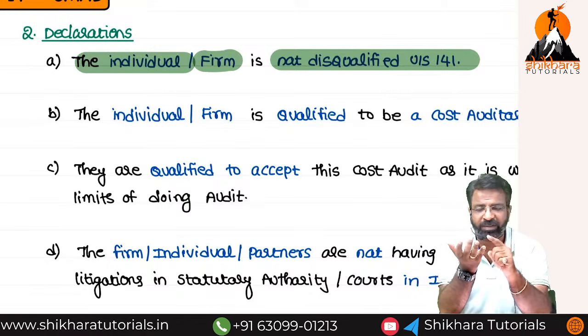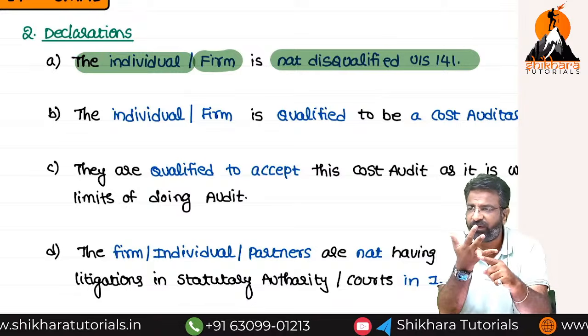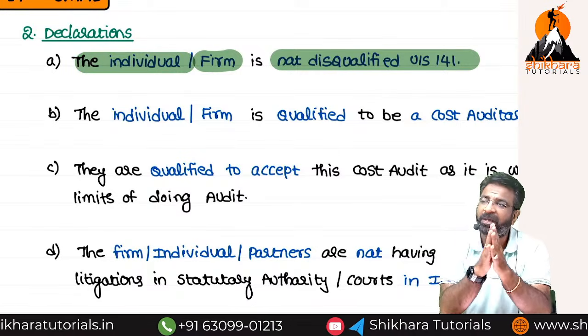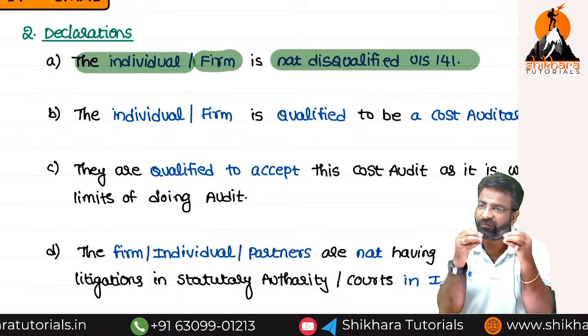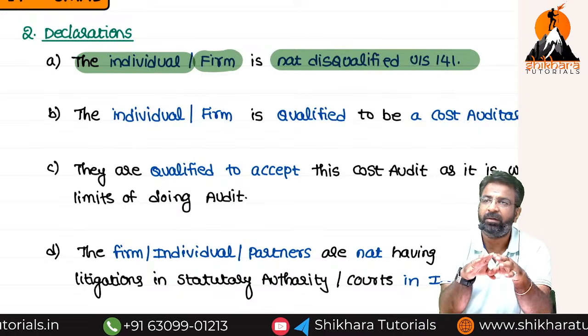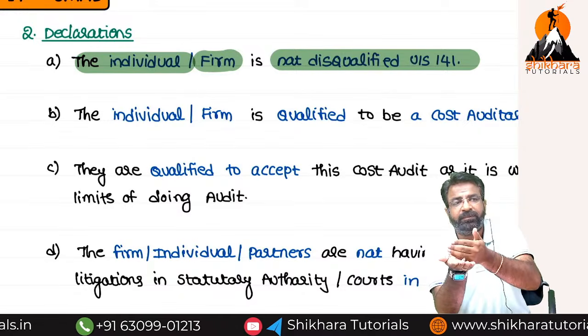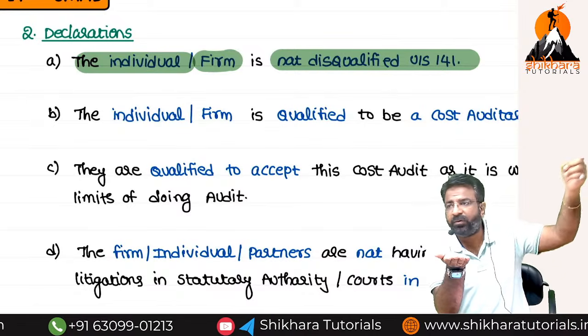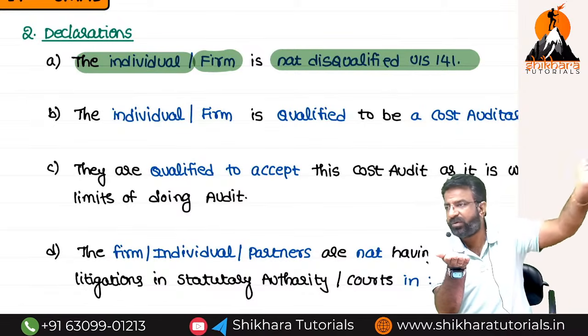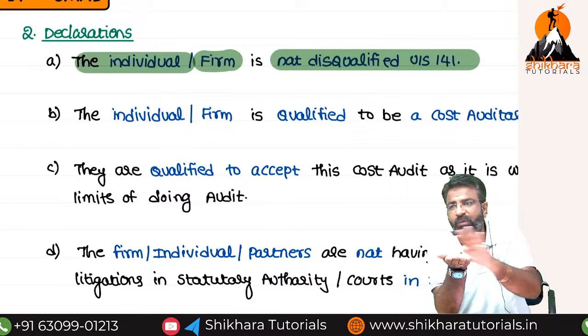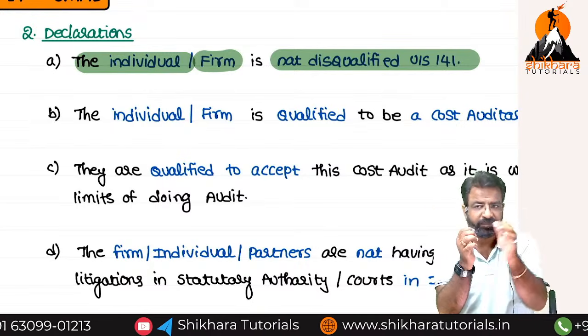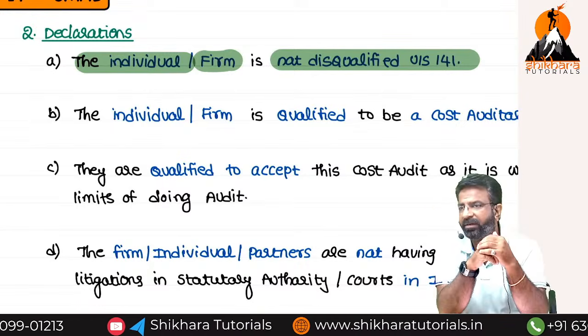Like that, you can open sole proprietor, partnership firm or LLP. If you are opening a company, are you qualified to be auditor in India or disqualified? So who is giving this declaration? Cost auditor is telling to the client, ki boss, once you are appointing me, I'm not disqualified under section number 141. We have those disqualification, but we'll read it at the later stage.